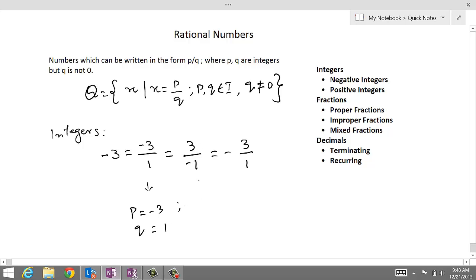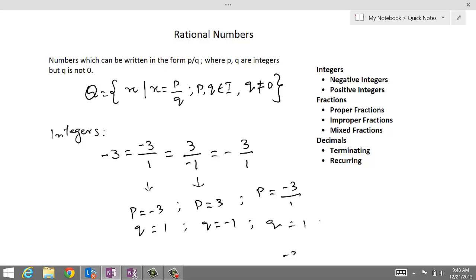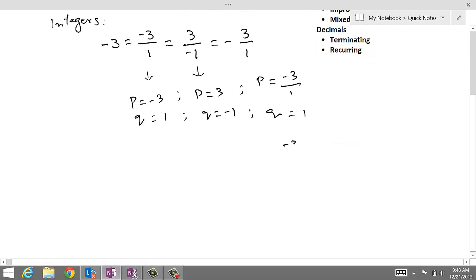And if we take a look on this one, p is equal to 3 and q is equal to -1. So all the negative integers can be written in the form p over q. So all negative integers are rational numbers.